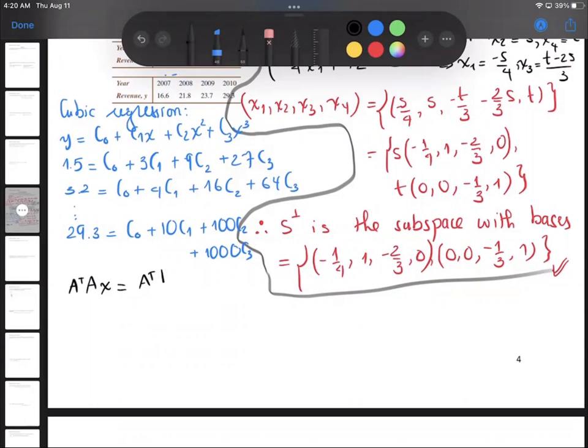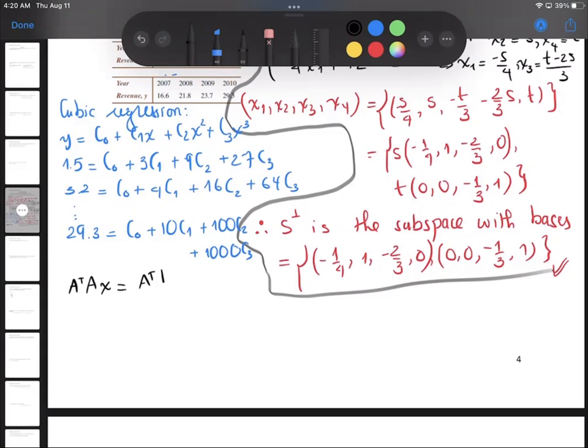What you're going to do next, I'm not going to write out because I've run out of space. First, input your matrix A into the calculator and compute A transpose A, and then compute A transpose B. Then you put them together and do REF.